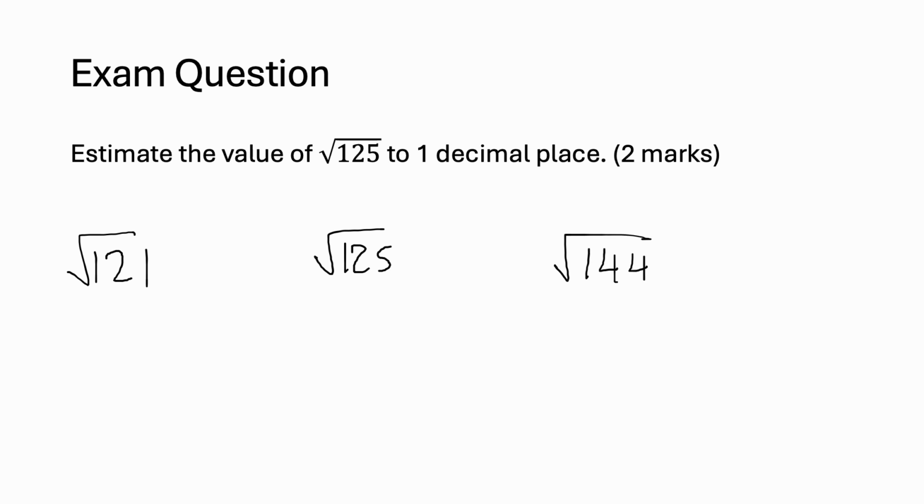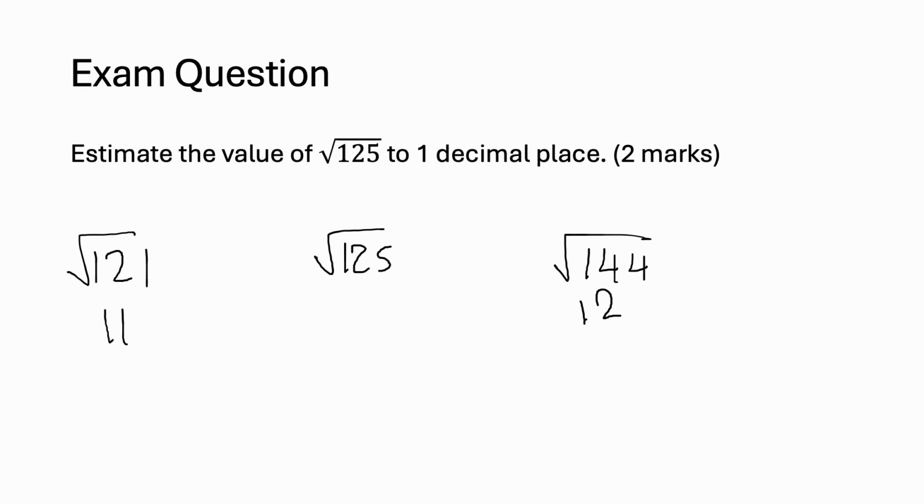Square root of 121 is 11 and square root of 144 is 12. If we look here, which one is 125 closer to, 121 or 144?